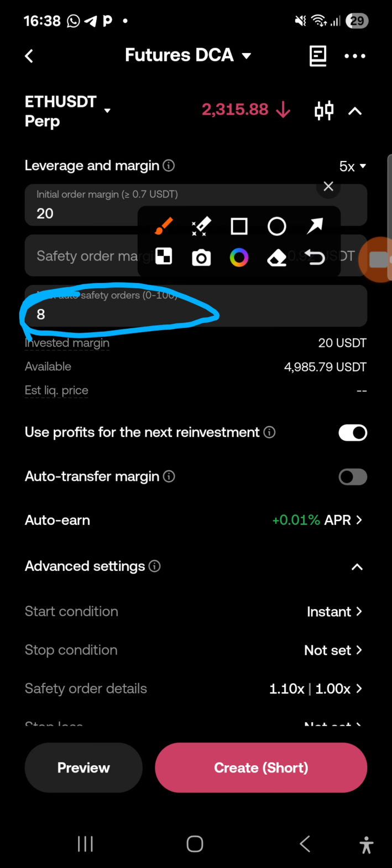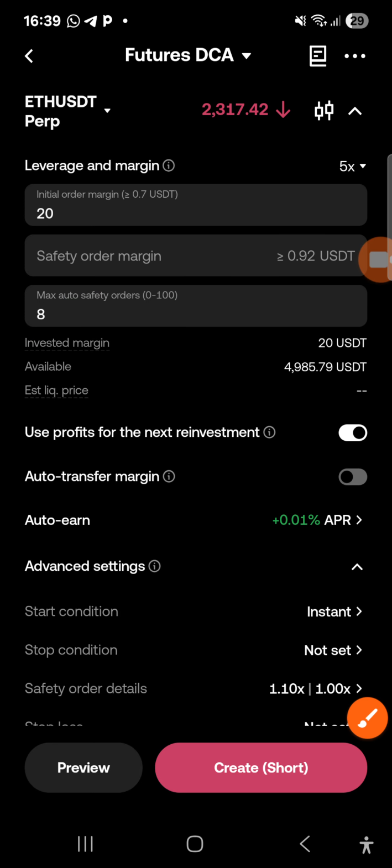Now here where you see 8, I can call it the number of times that you want the robot to add that money for you. It will depend on your capital, and when it has added 8 times, it stops there. Okay, I think now it is simple.